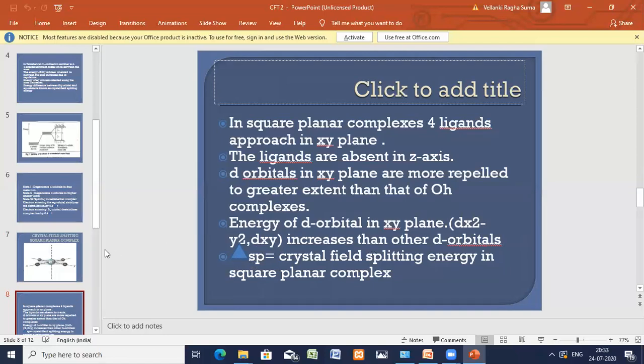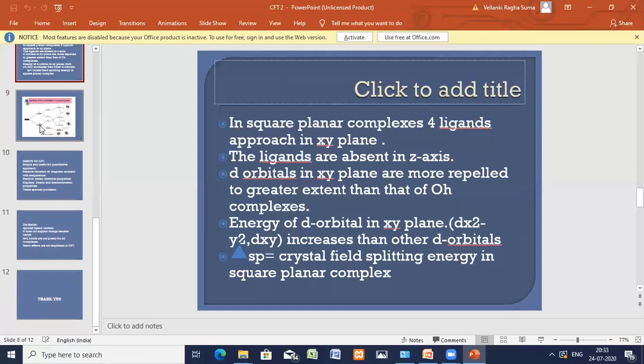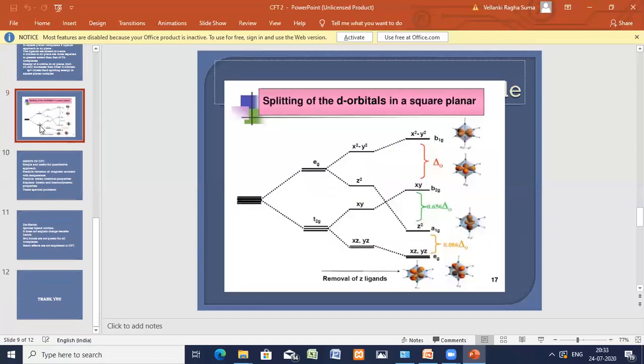Now we'll see how the splitting pattern takes place. We have learnt previously the d orbital splitting in the octahedral complexes. Now we'll see the d orbital splitting in the square planar complexes.